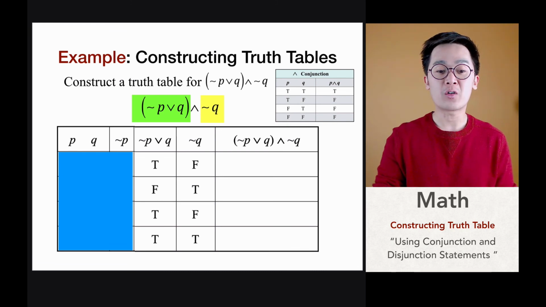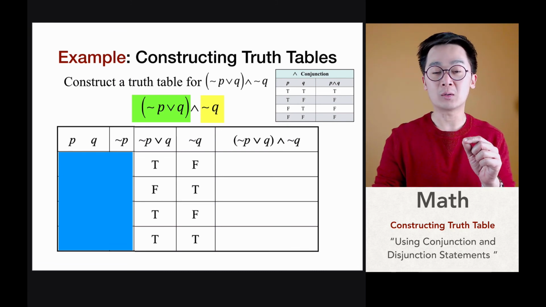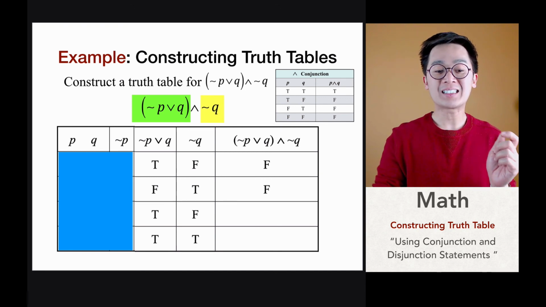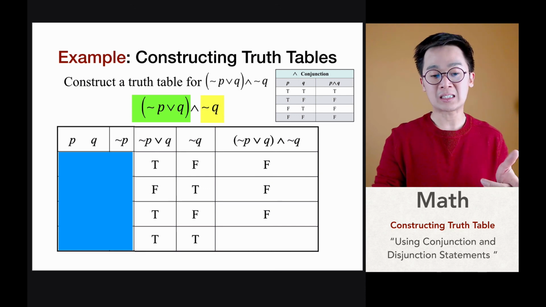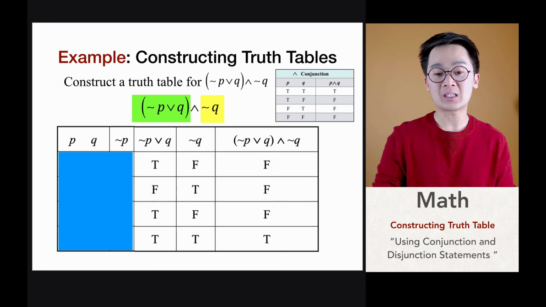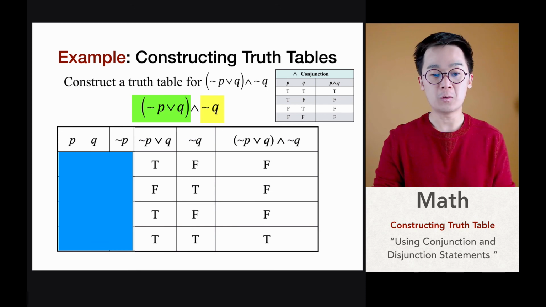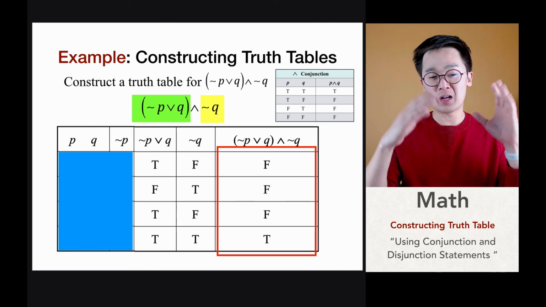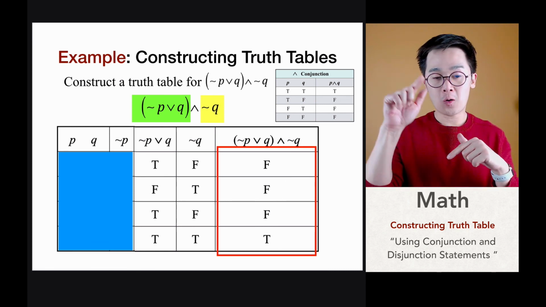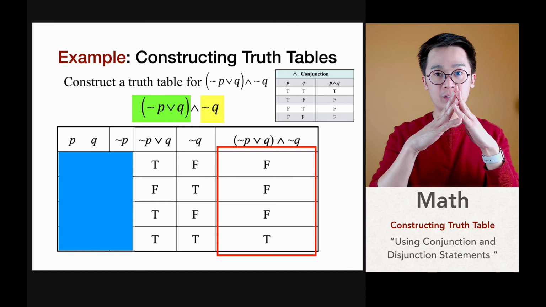So for the first row, T and F would be false, F and T would be false, T and F would be false, and then the last row, F and T, hmm, the only one that would be true is the case where both are true. So this is now our truth table for the operation of not P or Q and not Q.